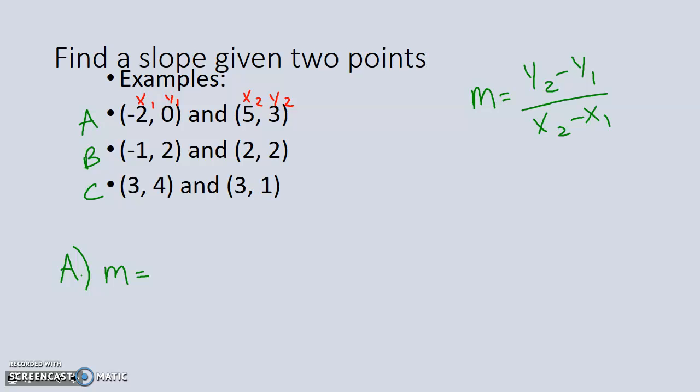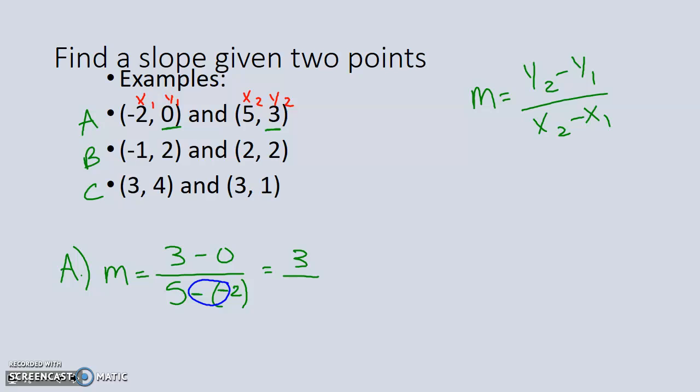So to find my slope, my rate of change, I'm going to say 3 minus 0. So I'm picking up these values here. Over 5 minus a negative 2. So with these, you will have to be careful with your signs. So the top isn't too bad. 3 minus 0, 3. But what happens down here with the 5 minus the 2?